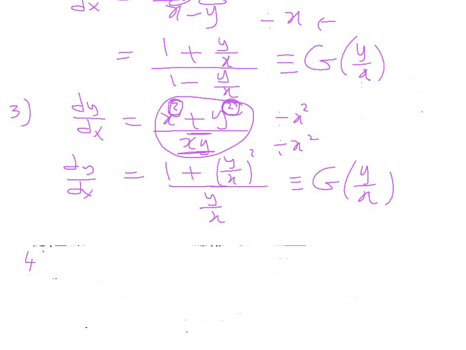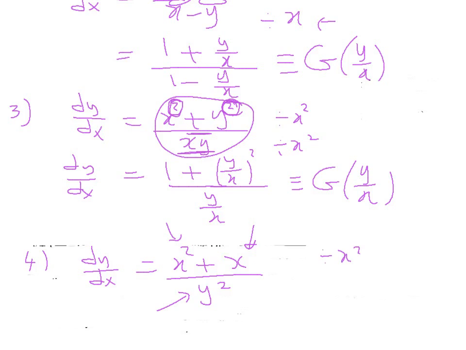For example, if you try this one, this will not be homogeneous, even if you divide by x or by x squared, because the terms are not of the same degree. This term is of degree 1, while this one is 2 and this one is 2. So even if you divide by x squared or by x, you are not going to have a function of y over x.